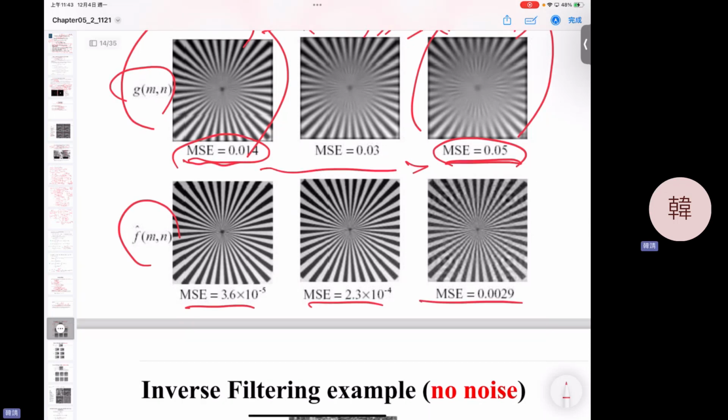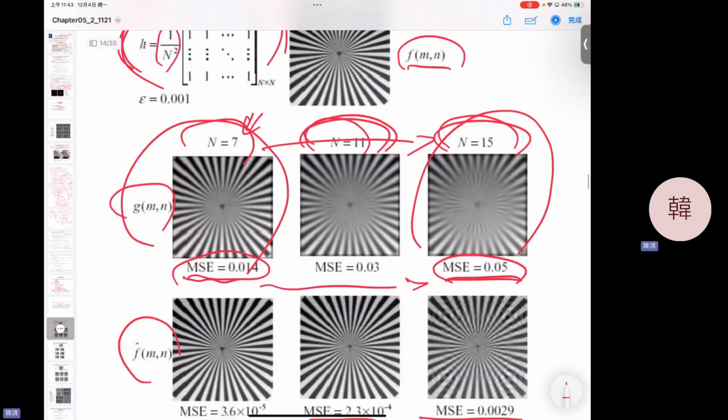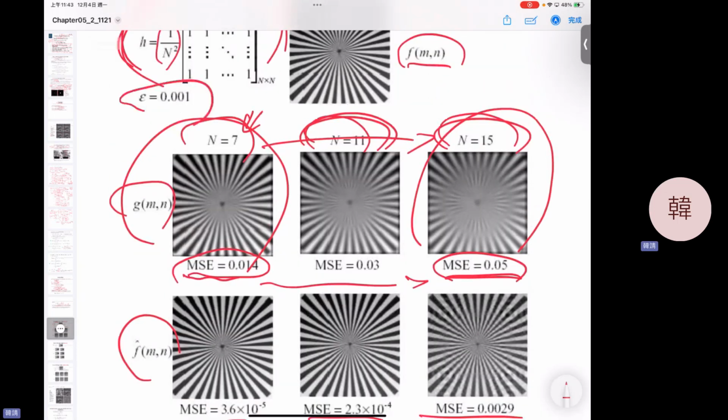Okay, so do we set up epsilon? Yeah, we set up epsilon there. If you didn't set it up, it becomes a lot worse result there. So you can see we set up epsilon as smaller than 0.001 when your filter H of (u,v), the Fourier transform to H(u,v), and then check this epsilon with this parameter setting.